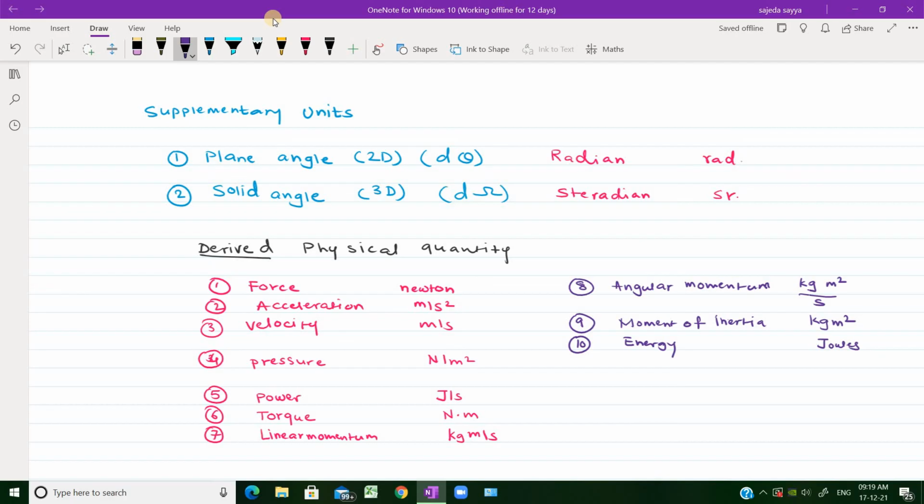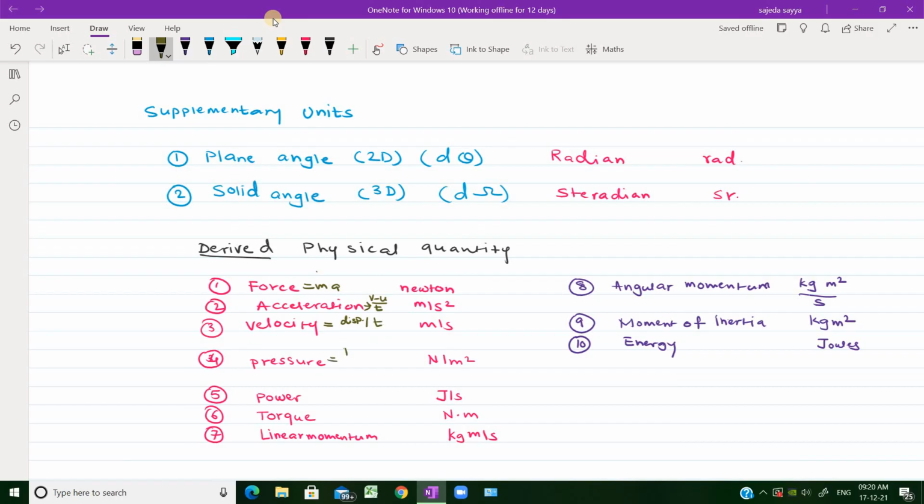Looking at these physical quantities, let me write the formula for each. Force is mass into acceleration, so its measurement is dependent on mass and acceleration. Acceleration is dependent on velocity and time. Velocity is displacement upon time.